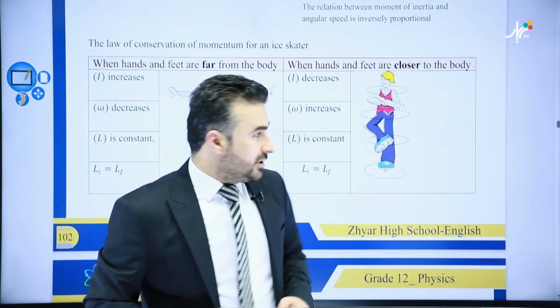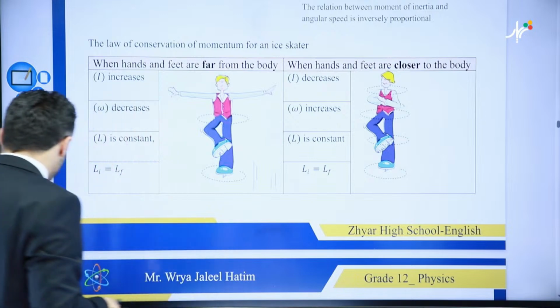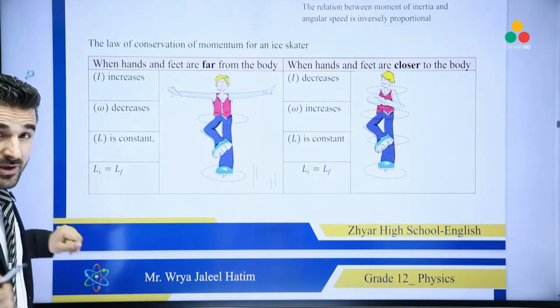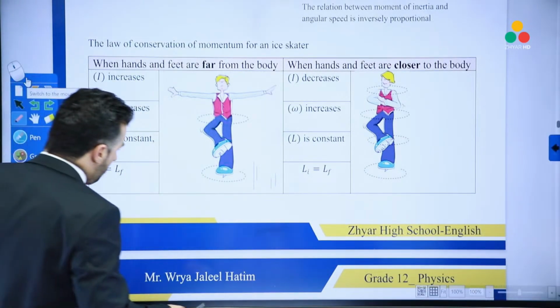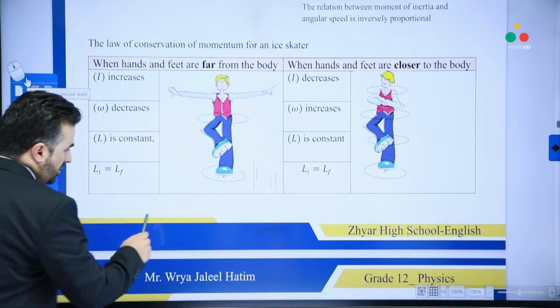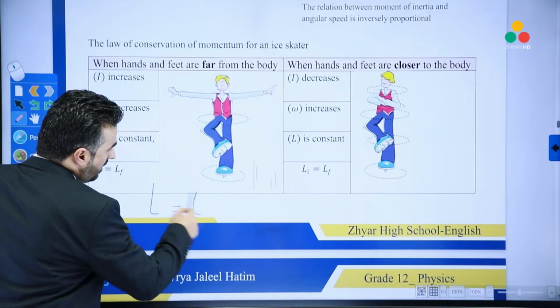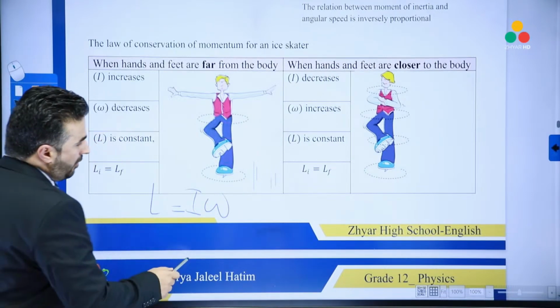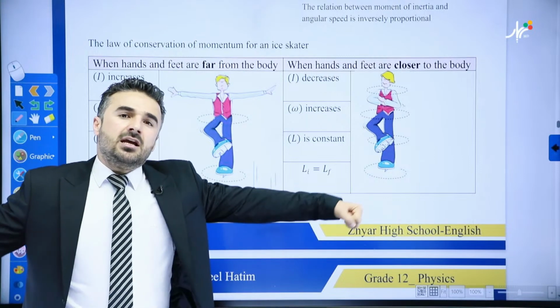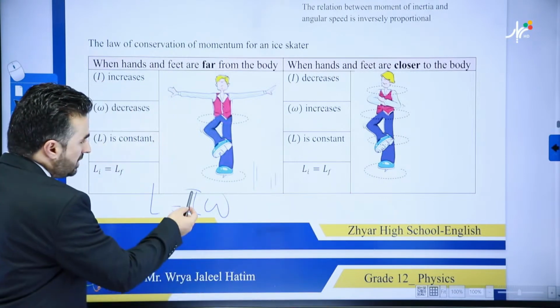If the moment of inertia is big, what do you think will happen to the angular speed? By keeping the angular momentum constant. So remember, L equal to what? I times angular speed. So once we are extending our arm, right, what will happen to I?